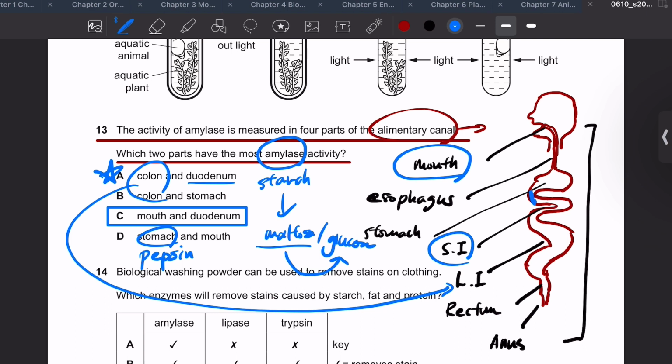So that's the proper way of describing the starch digestion, but it's not actually 100% proper because starch doesn't get broken down by amylase alone. But in IGCSE, you guys don't have to know that. So, amylase is present in the mouth and duodenum, which is the entrance of the small intestine. And that's it. So the answer is C for this one.